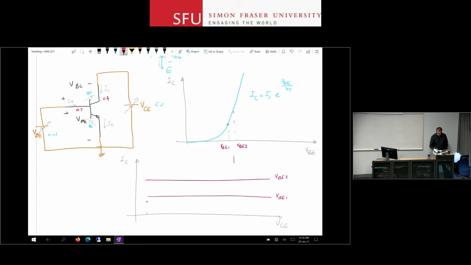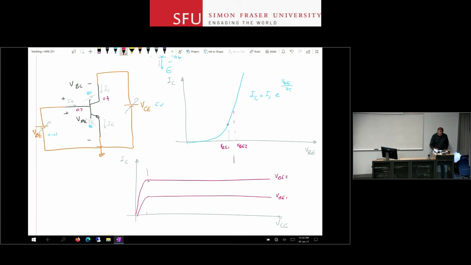And as soon as that happens, your IC will start to drop. So for small VCEs, this is what you're going to see. The current source that you had before, you don't have it anymore. Remember that to have that current source, the diode has to be reverse biased. You start to slowly forward bias it, so you lose the nice current source that you had before.